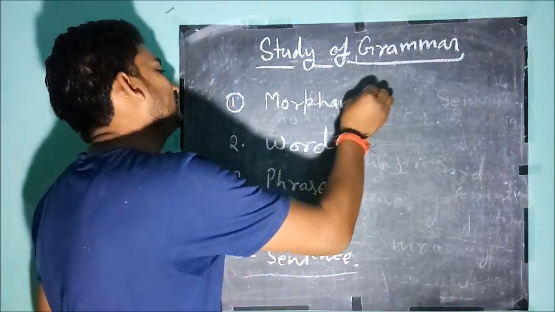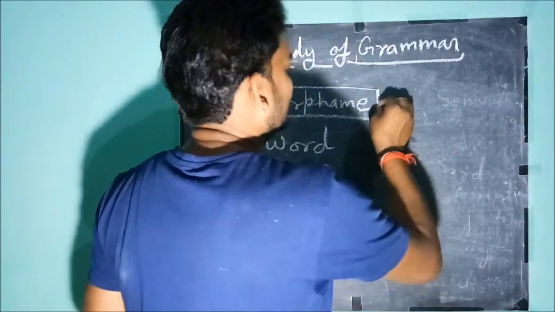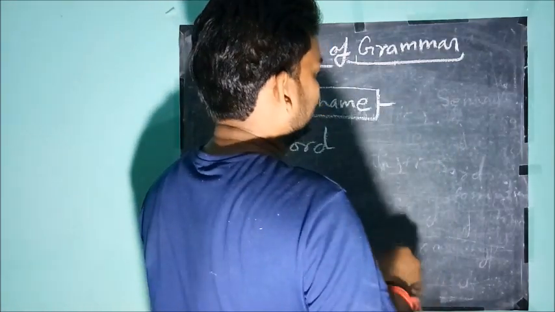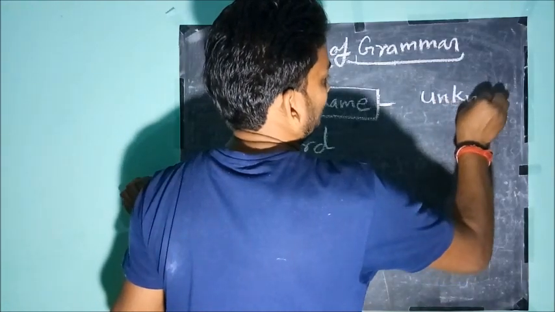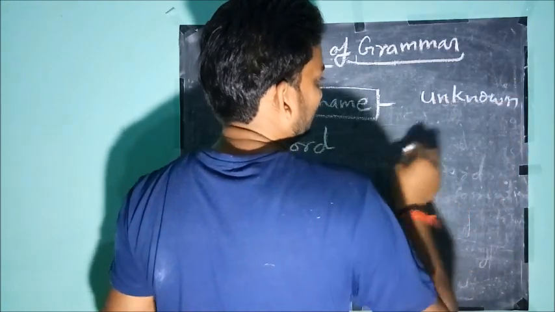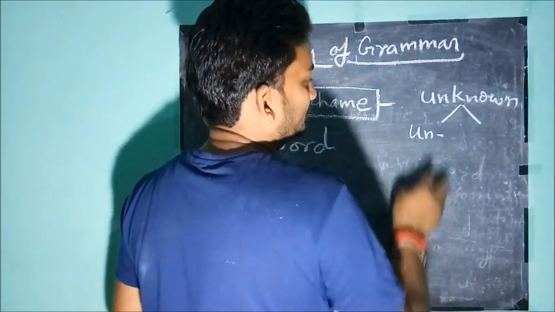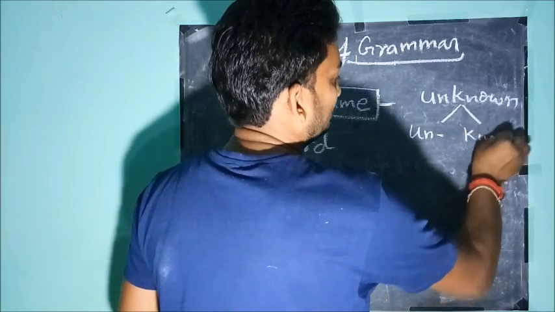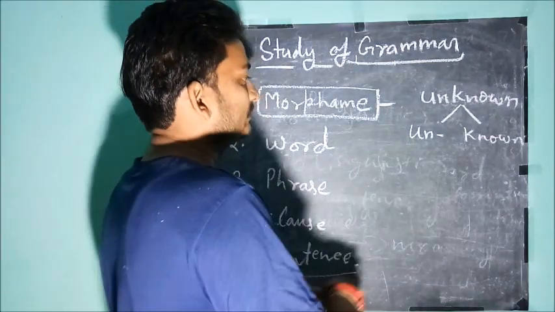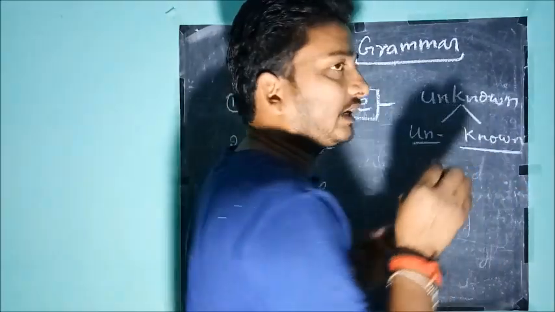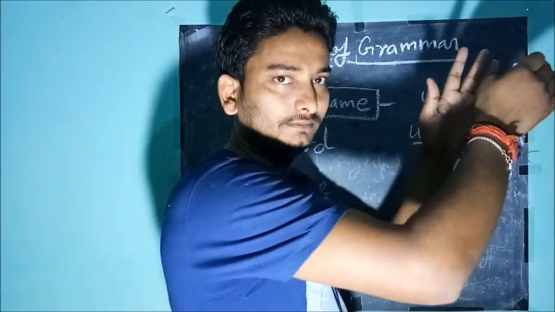Okay guys, first of all we should understand what a morpheme is. Just for example, we take a word like unknown. Here we can divide this word into 2 parts, that is un is a prefix and known is the base or stem. These 2 are the morphemes which together make a word.